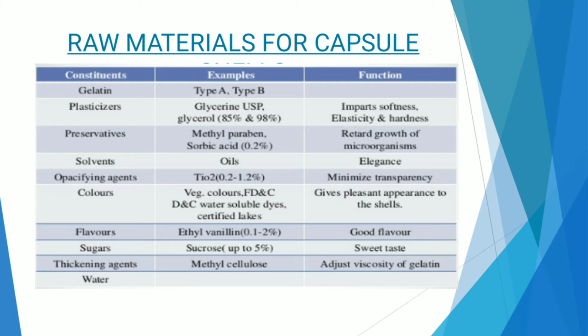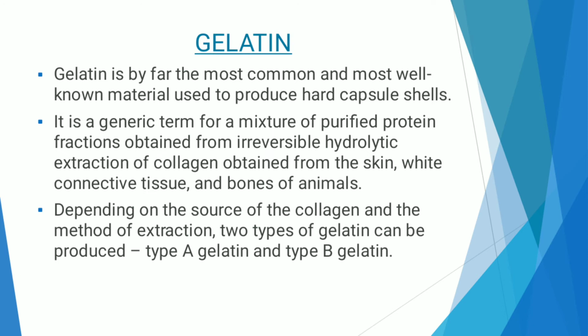Sugar can be used, for example sucrose up to 5%, in order to give a sweet taste. A thickening agent like methyl cellulose can be used in order to adjust the viscosity of gelatin, and water can be used depending upon the need. So these are the various materials that are used as raw material for preparing the capsule shell. Now we'll be seeing these components one by one.